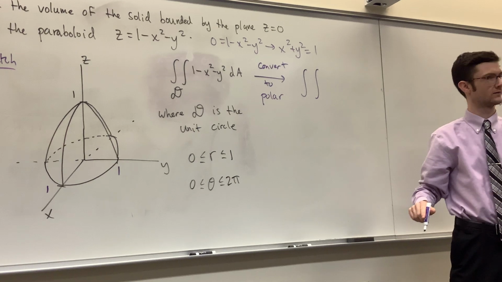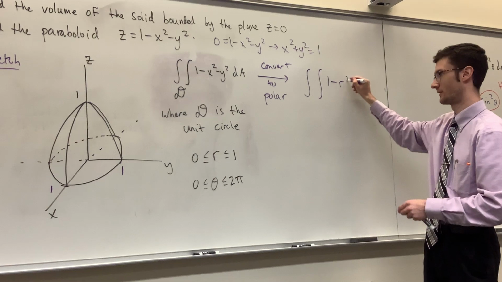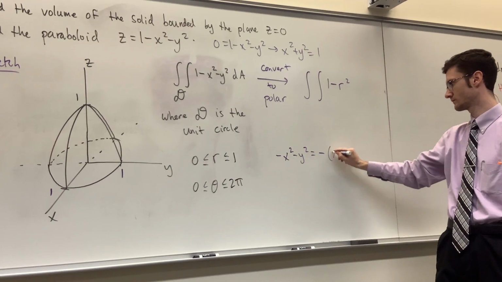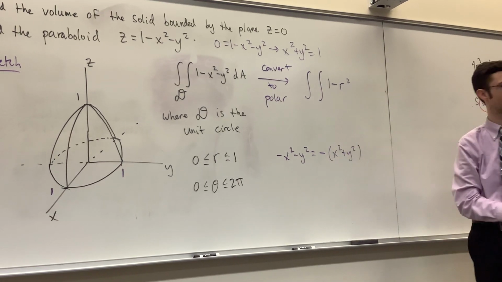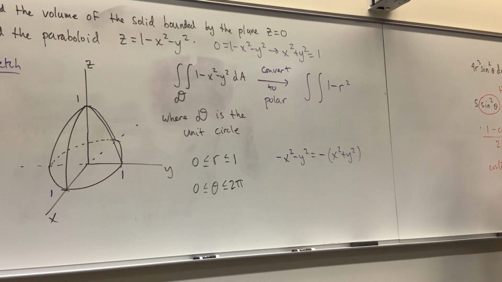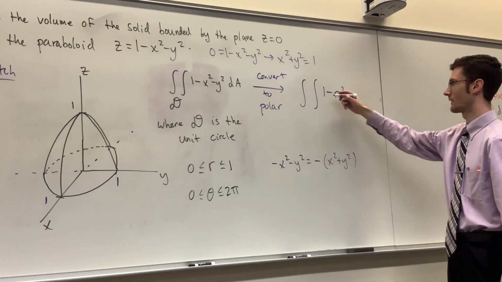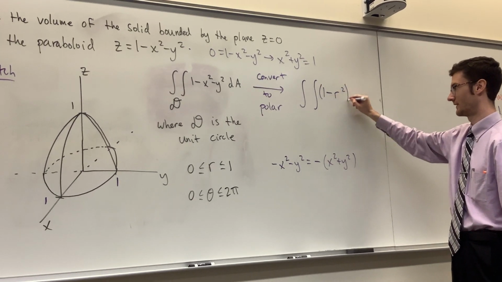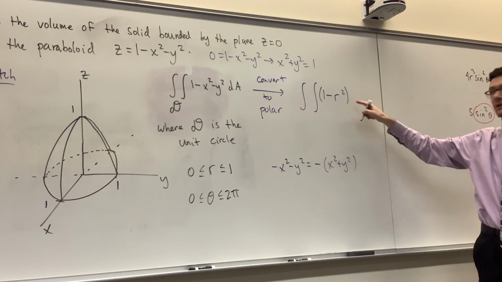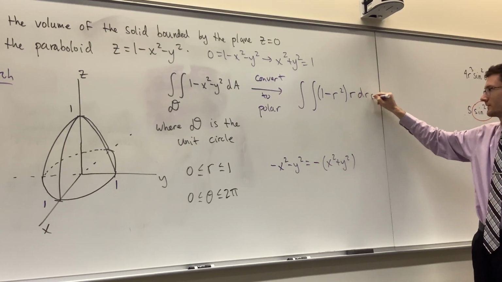Because it's 1 minus r squared. And in polar, x squared plus y squared is r squared. Okay, so this is going to be 1 minus r squared. Now, what is our polar area element? r. And our differentials? Yep, dr d theta.